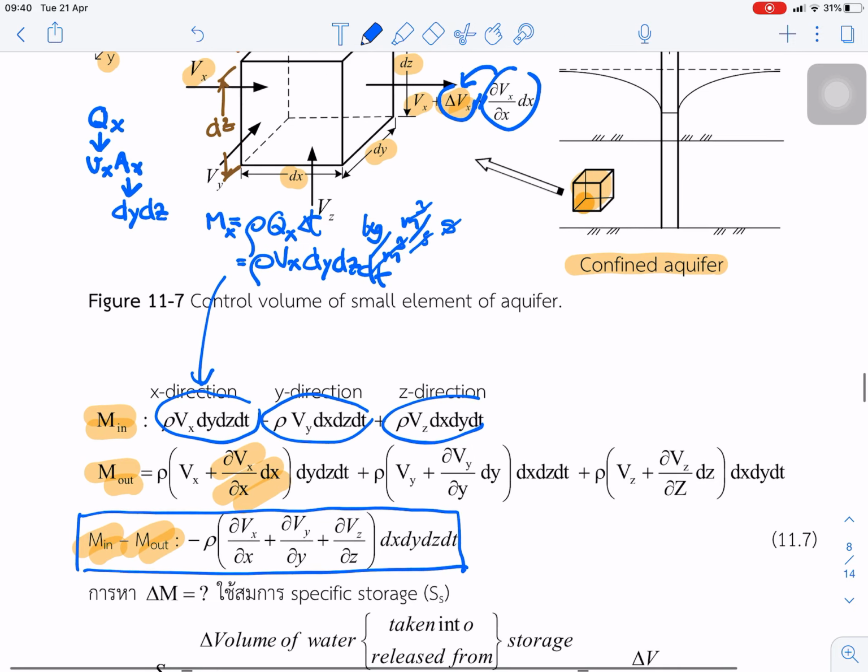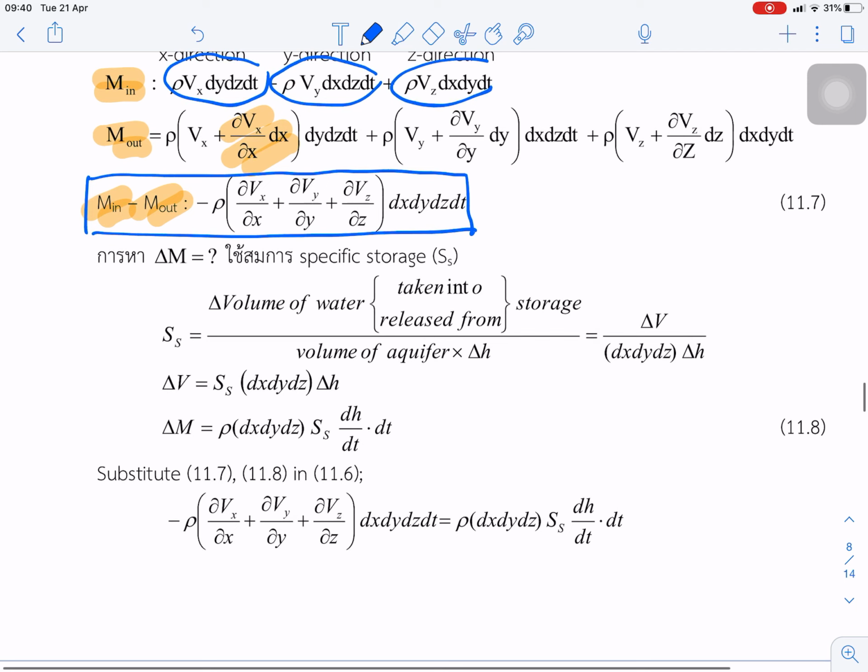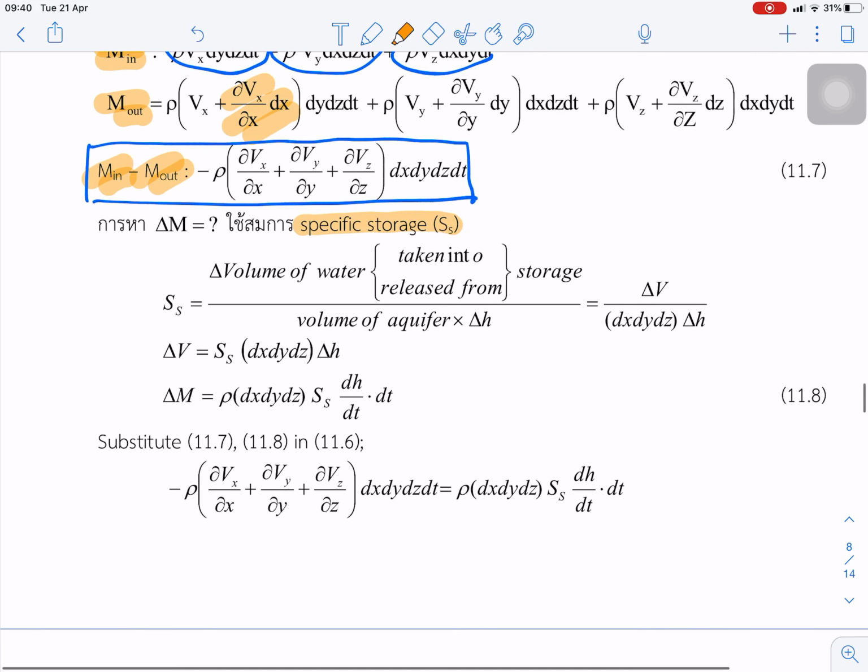Next we have to find what delta m is. We can use the definition of the specific storage, Ss.